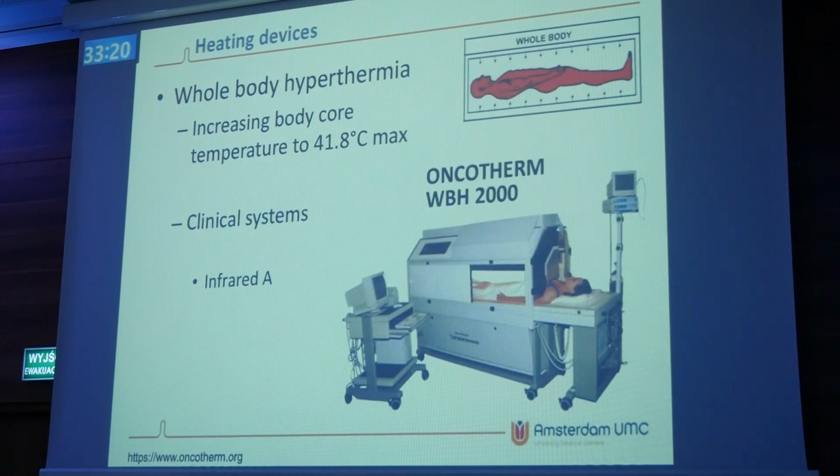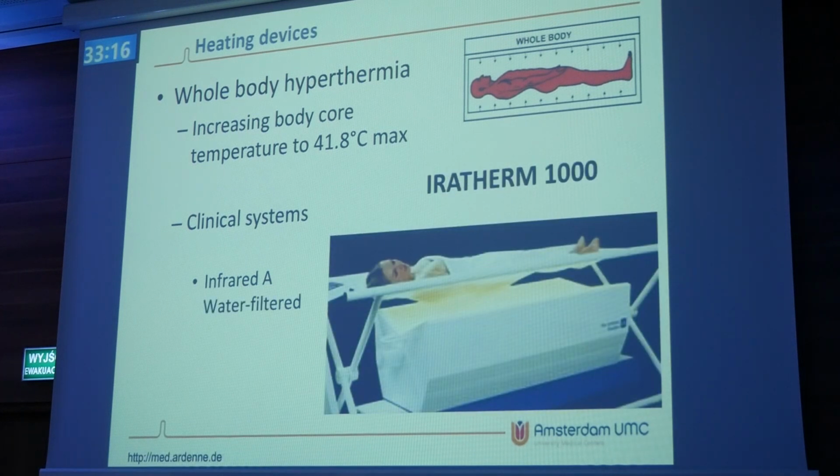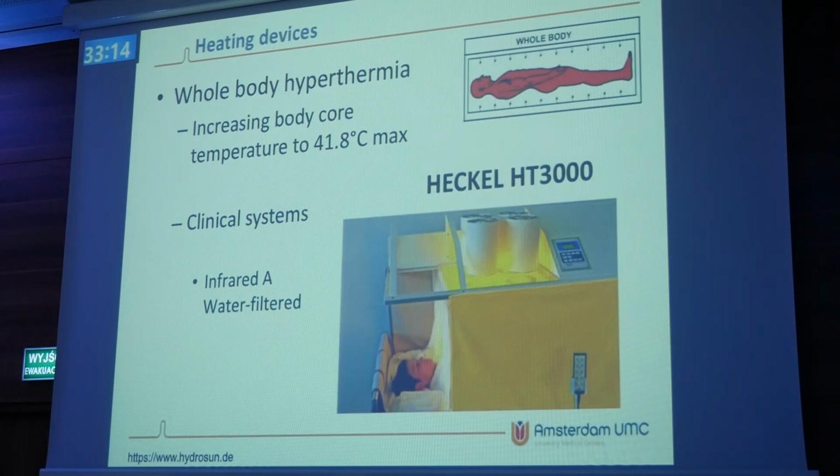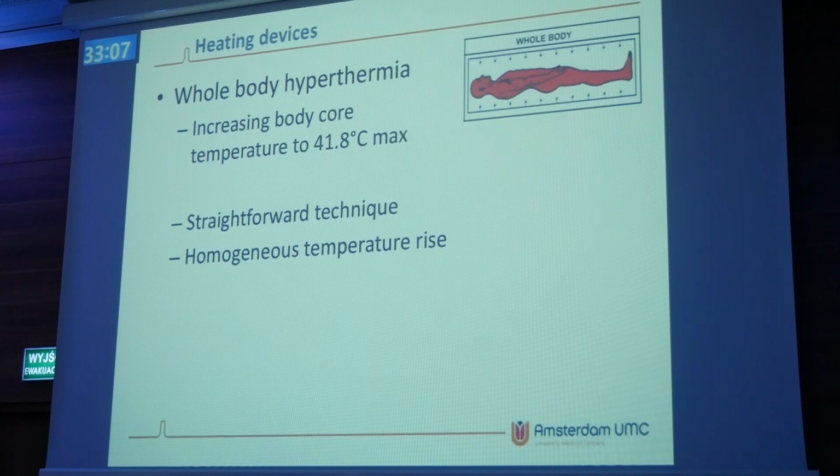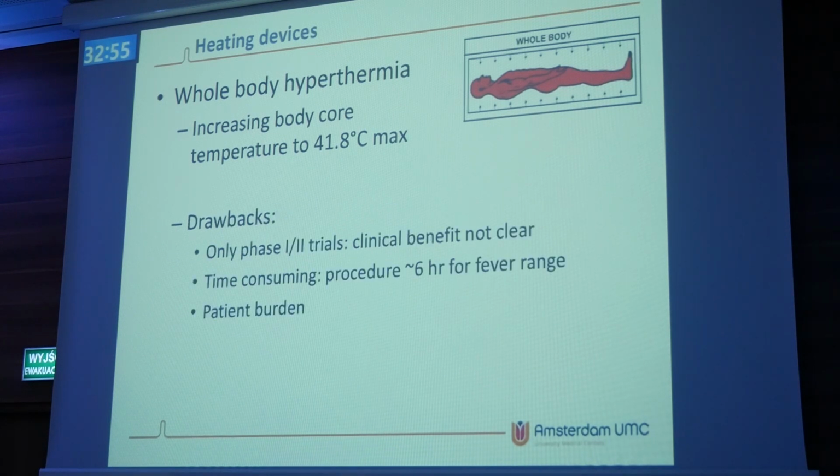So some of the systems in use: Oncotherm, Irotherm, and actually most of these, or all of these, are using infrared radiation in some form. So advantages are that it is a more or less homogeneous temperature rise, but you still should be paying attention to some parts of the body where the elevation might be higher than intended.